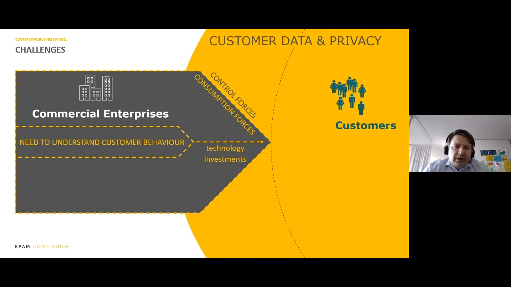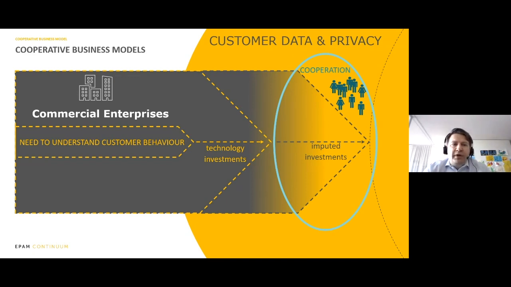So imagine now that instead of going and investing additional investments into the technologies in order to collect further data that would be relevant to create these services, we would create a cooperation between the end customers and the commercial enterprises exactly at that edge where the data exchange would happen.